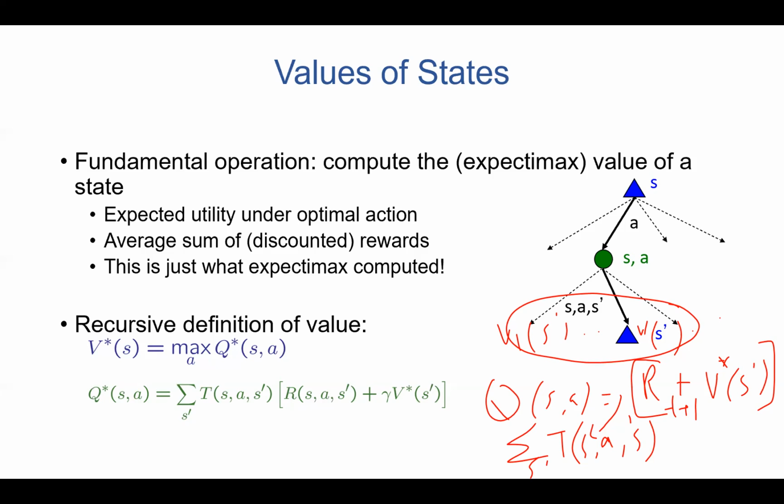Then we're also going to see how short or far-sighted we are, so we will have to multiply V with the gamma value. And that's where we get this value. So if you remove this part, V star of S prime, and the probability transition matrix, it's just expect-max. Our Q state is just the expect-max.